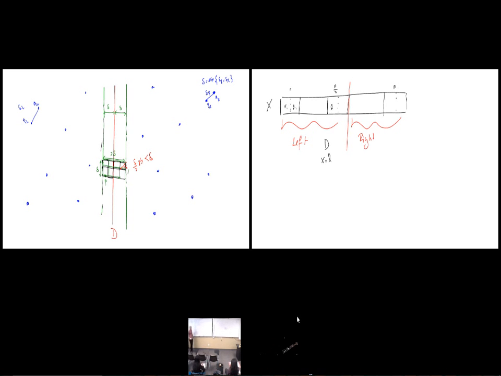Now it is possible that many points live on this line, meaning you have many points that have the x coordinate L. But that's fine, because the way you partition them ensures that the two parts remain of roughly the same size. Okay? Is this clear? Because again, you chose to partition at the middle, so it is possible that you have many points that have L as x coordinates.